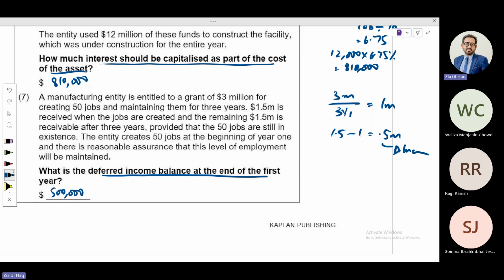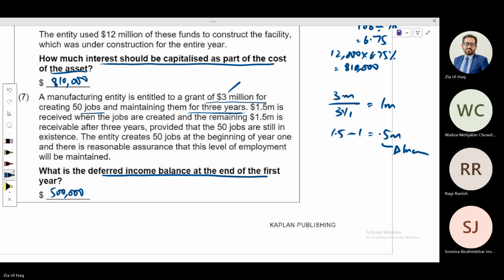Can you understand this? Now, a manufacturing company is entitled to a grant of 3 million for creating 50 jobs. This means if they maintain 50 jobs, they employ 50 people, the government will provide you a grant of 3 million for 3 years.